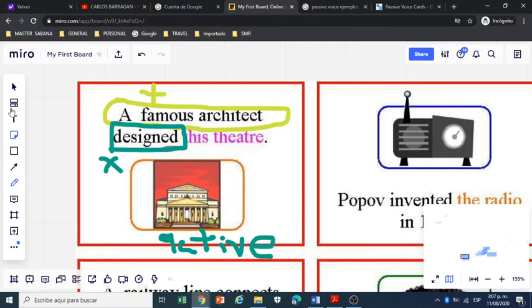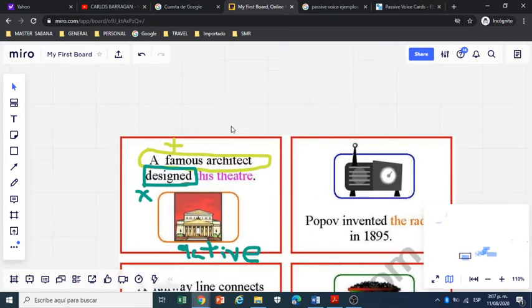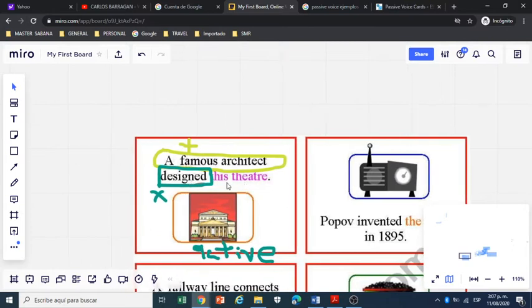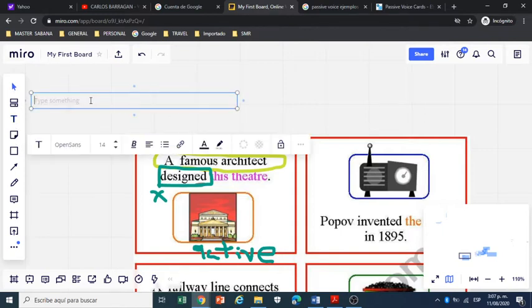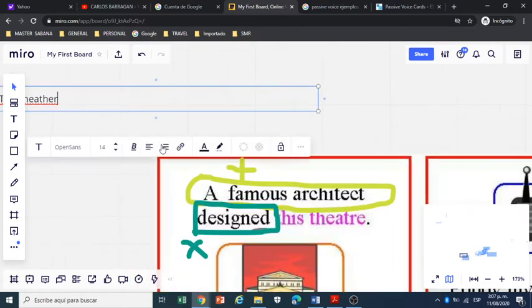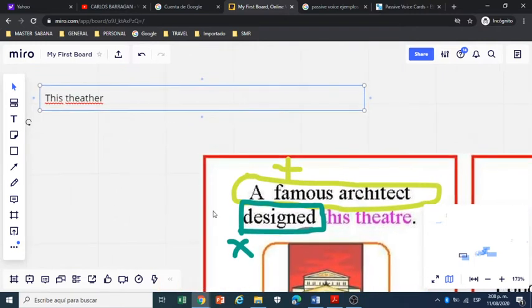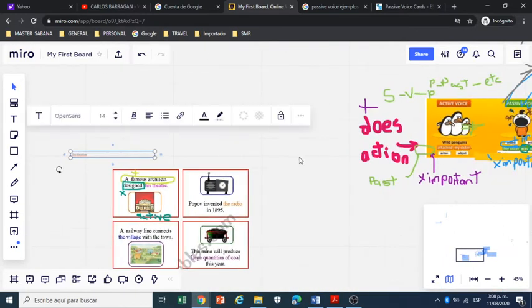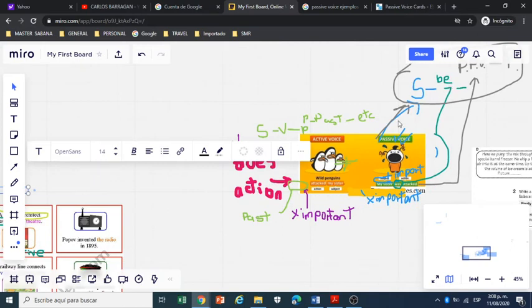In passive voice, we have a subject. Which is the subject? This. Okay, so this is the passive voice. This, okay, this theater. As the passive voice, the active voice is in past, we are going to need the verb to be in past.